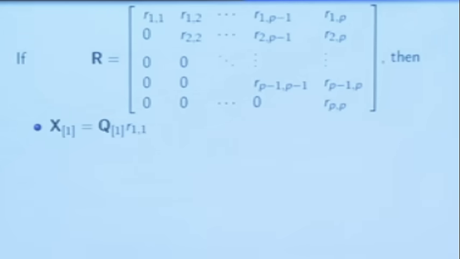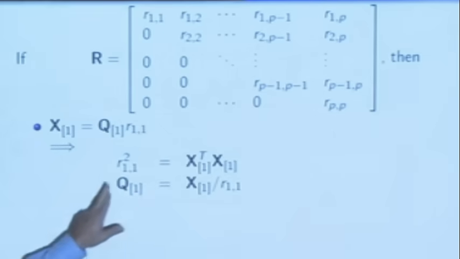So the first column of X is equal to the first column of Q times the first element, the top left corner of the matrix R. And if we take the cross product of that vector with itself, then we get this expression for R11 squared.